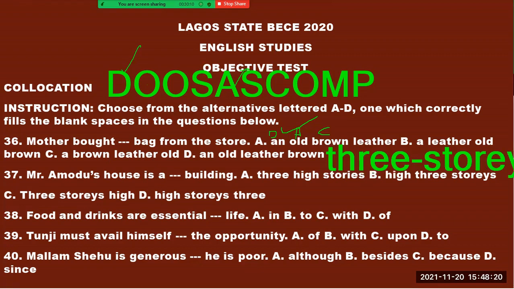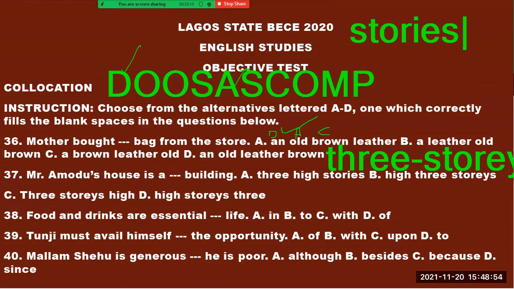In American English, they write it as story, or stories if they are referring to plurals. This is the American version, but we are using British English, so you use STOREY.